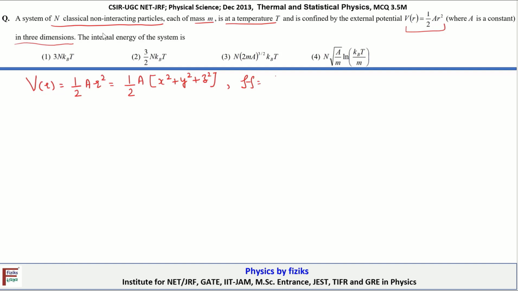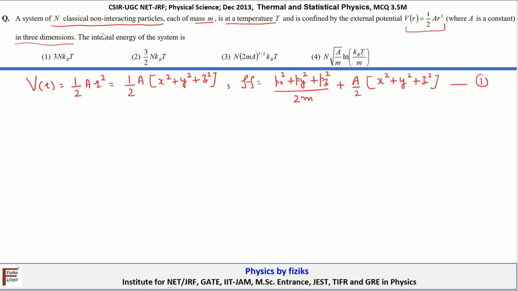So for one single particle it is H equal to px square plus py square plus pz square divided by 2m, using the classical expression for the kinetic energy, plus the potential energy A by 2 times x square plus y square plus z square. Let's call this equation 1.